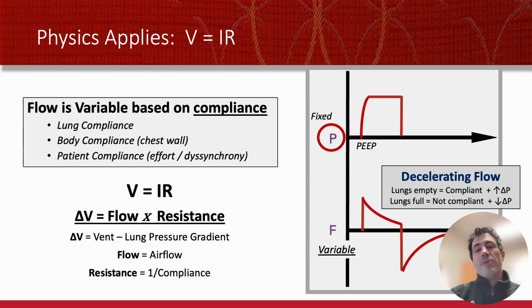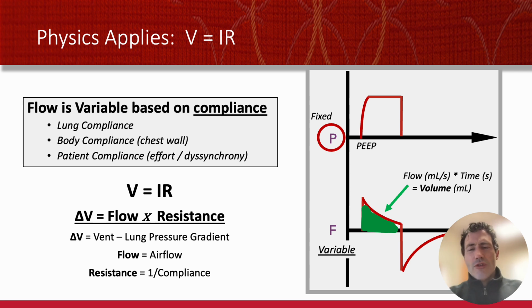As your lungs fill up with positive pressure, the delta V, the driving pressure between the ventilator and the lung, decreases because the lung's filling up with that positive pressure. And again, as your lungs fill up all the way, they're really stretched out and the chest wall pushes back. They are not compliant. So the flow or the current goes down.